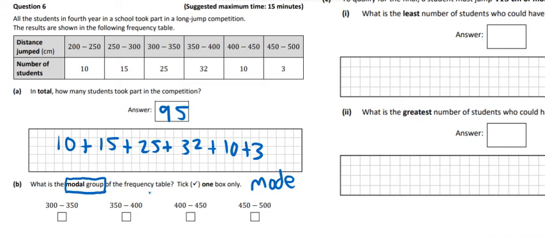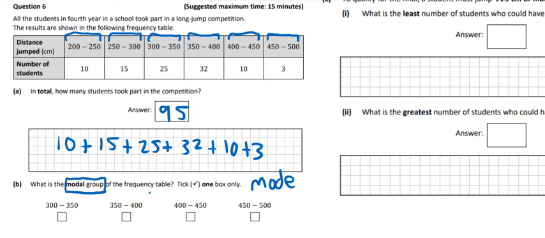So was it 200 to 250? Did the most students jump between those, or between 250 and 300, or 300 to 350, 350 to 400, 400 to 450, or 450 to 500? Which of those did the most students jump in?